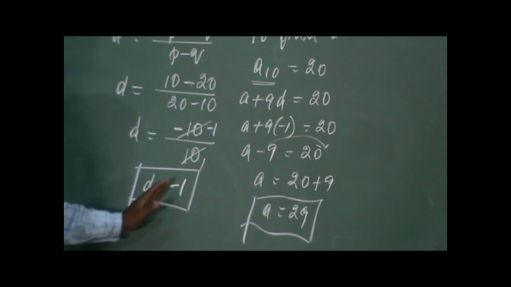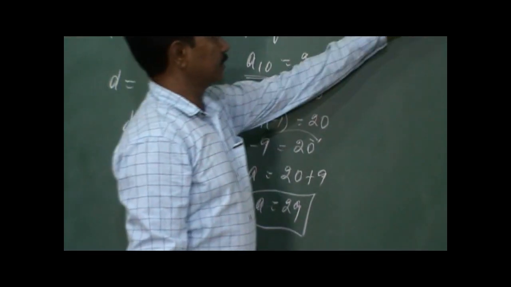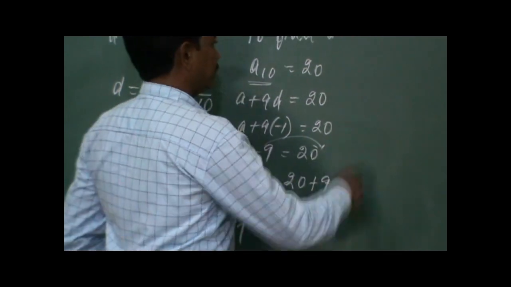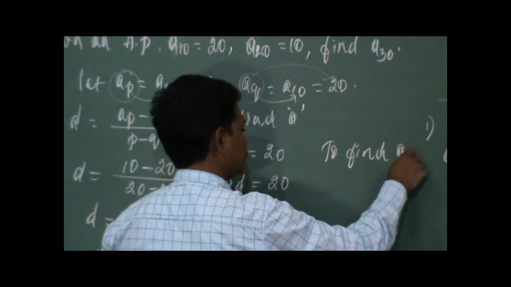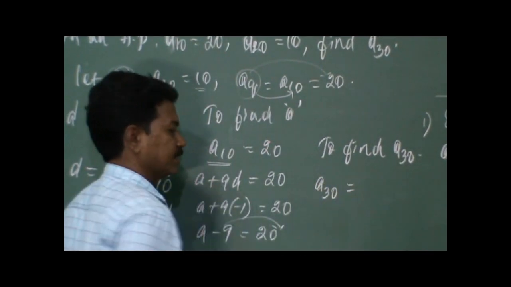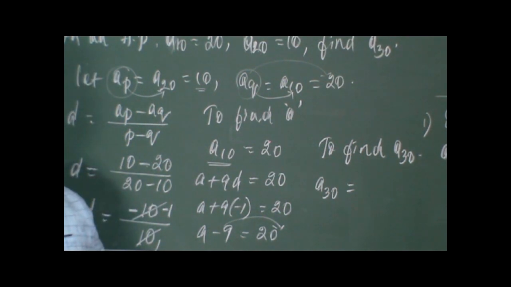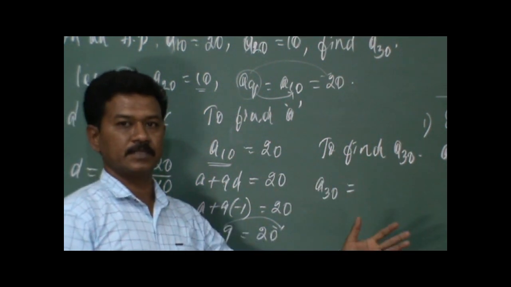Now we have the value of D, we have the value of A. You can easily reach the 30th term. So to find A30, this is the conceptual understanding required for solving these problems. When I introduced the AP session, maybe session 3, I introduced the different relationships between the first term and common difference of an AP.